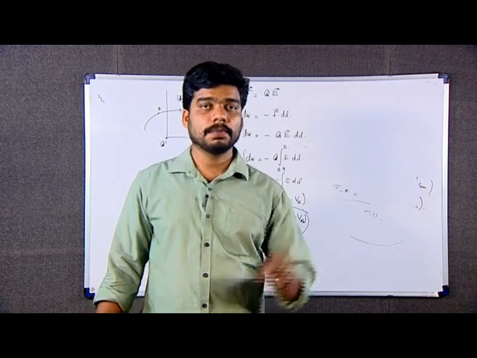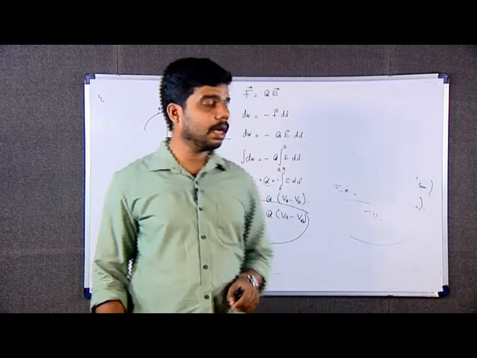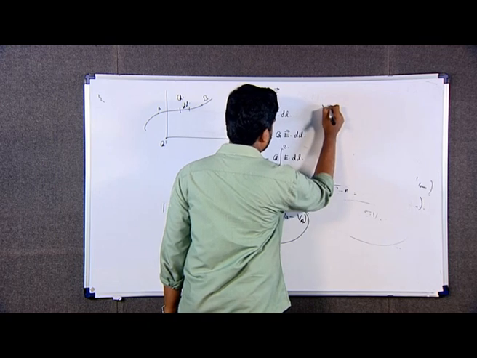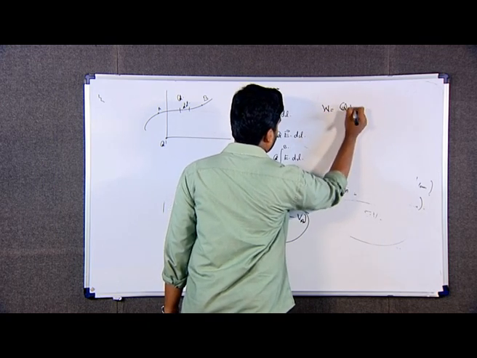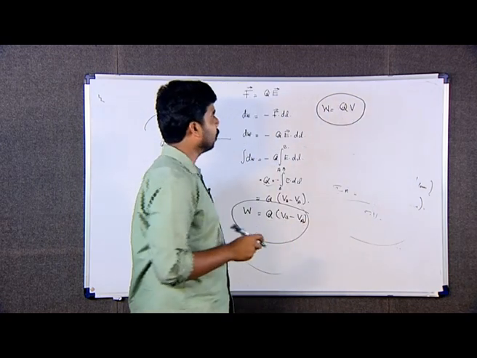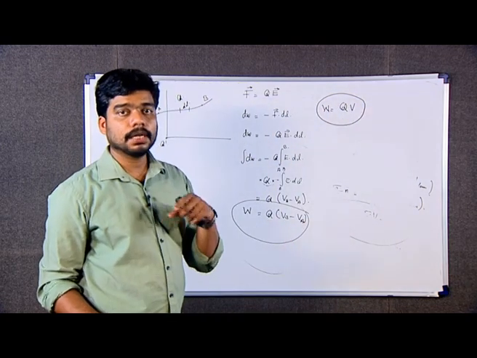So, what about the potential? If you set one point at infinity, I can write W is equal to QV. This is an important relation connecting the potential and the work done.